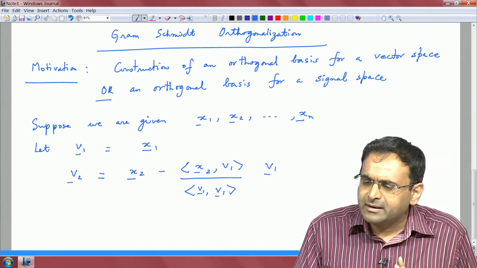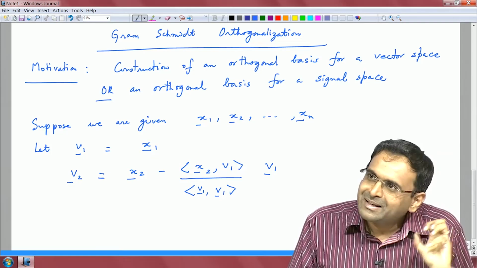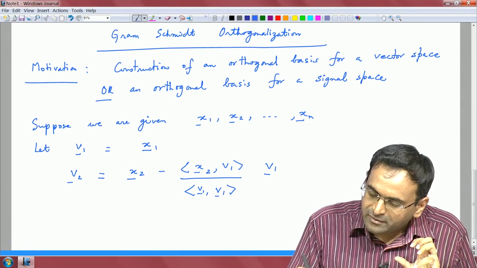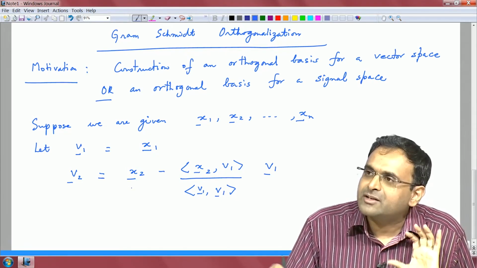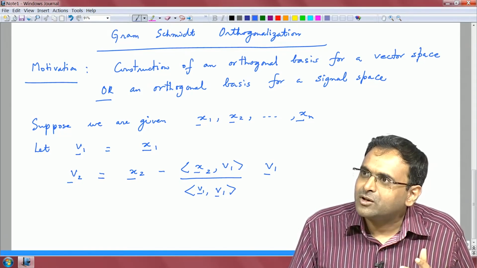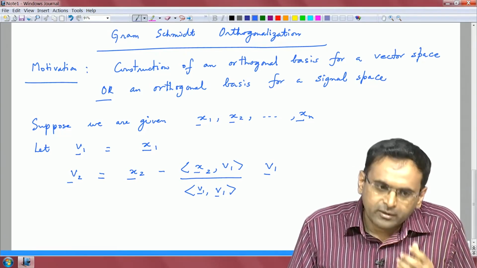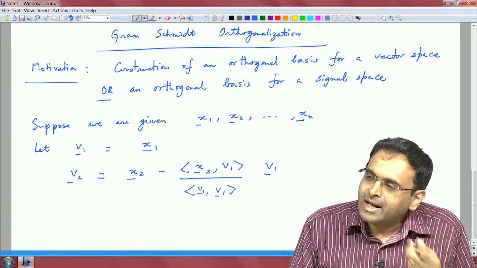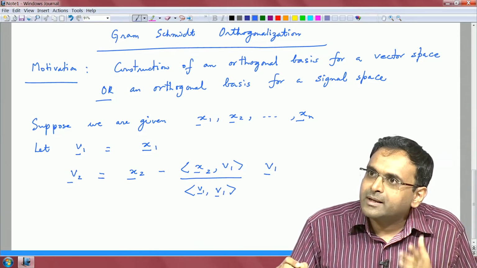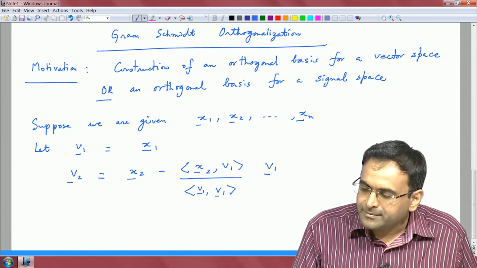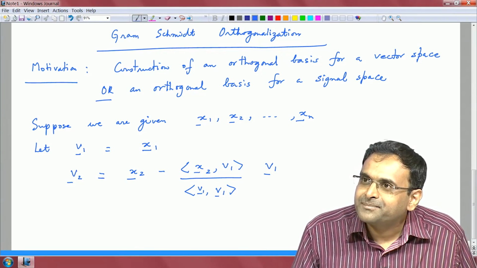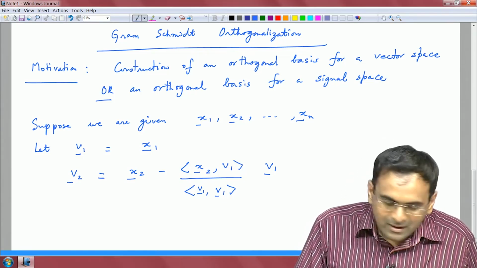What is happening here is that I am removing that component of the vector x2 in the direction of V1. Think about this intuition: I have i, j, k mutually orthogonal. If I want to get the direction of k, I want to remove the component in the direction of i and in the direction of j. So, I basically have to remove all these projections to get what I really want. That is the very simple idea behind this construction, and let us see how this works.